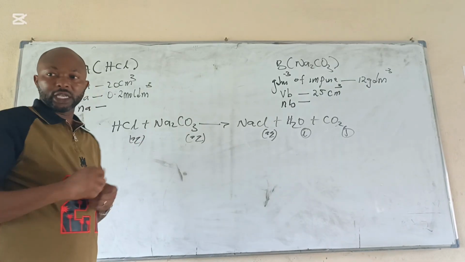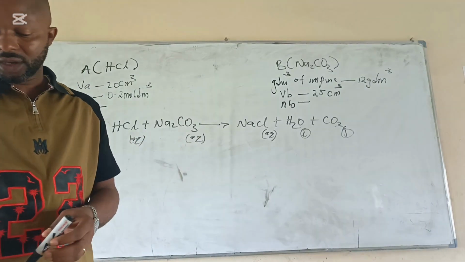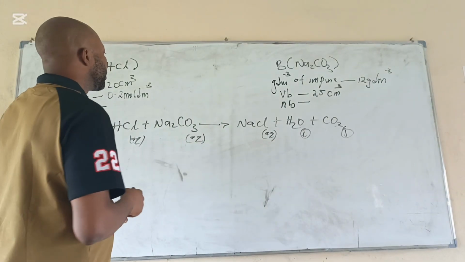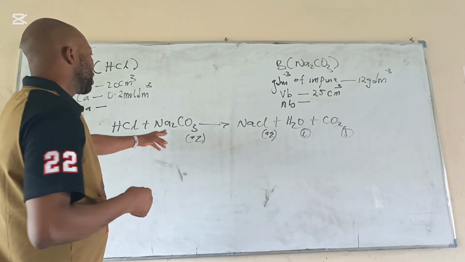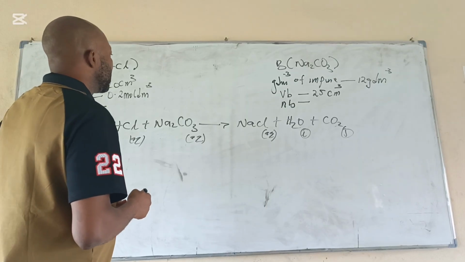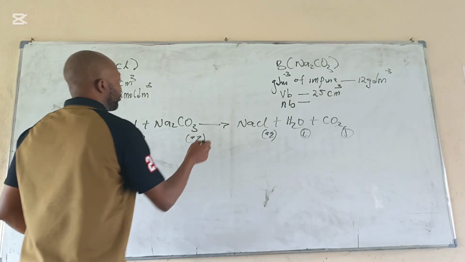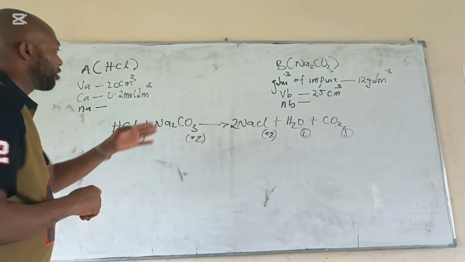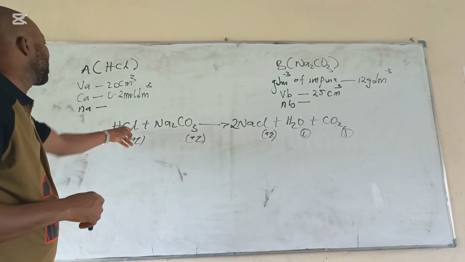Now, is our equation balanced? We have to find out. We have 1 sodium, but here we have 2 sodium. So I can equally say I have 2 sodium. Now, if I have 2 sodium, I have 2 chlorine now. Here, there's 1 chlorine.